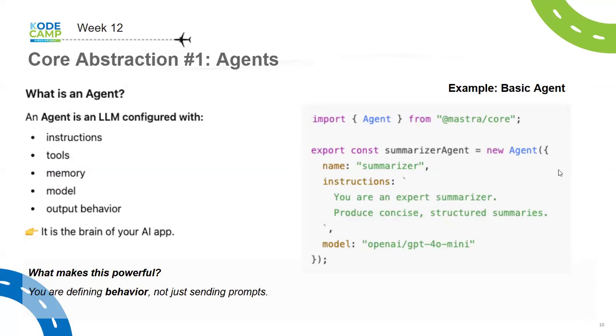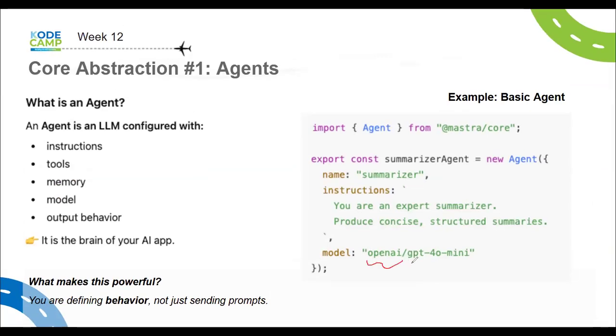So, for example, this has two elements: this is the provider, and this is the model name. You can see that this slash is what separates them. That's the pattern.